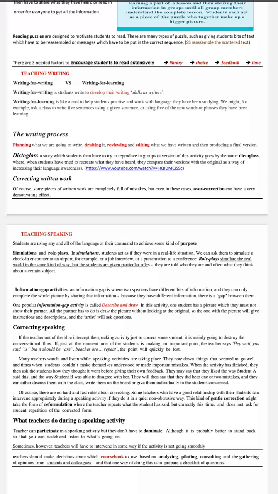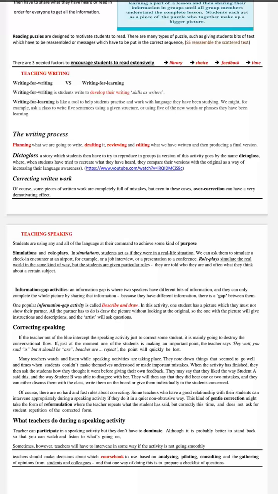They will then say that they heard one or two mistakes, and they can either discuss them with the class, write them on the board, or give them individually to the student concerned.